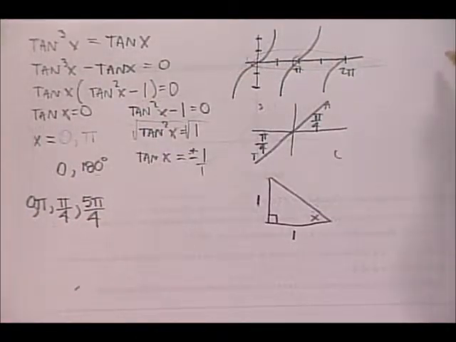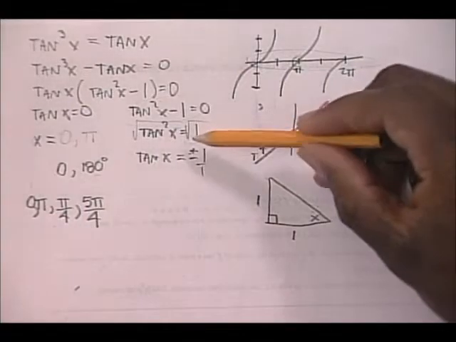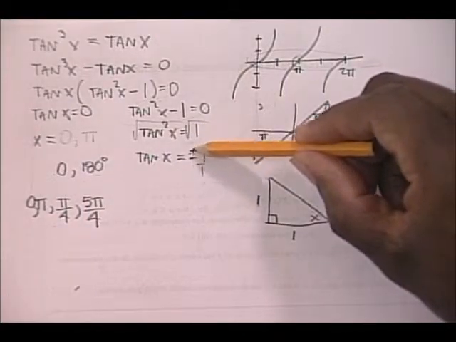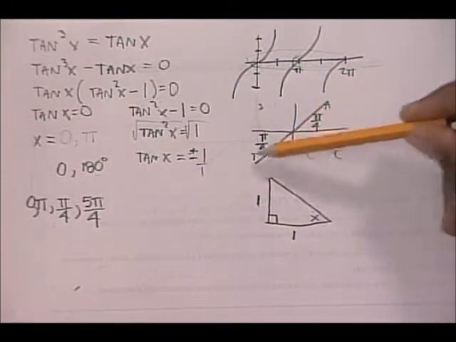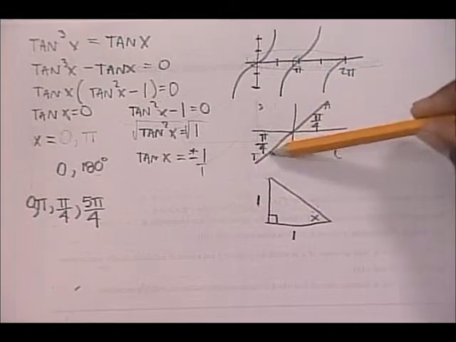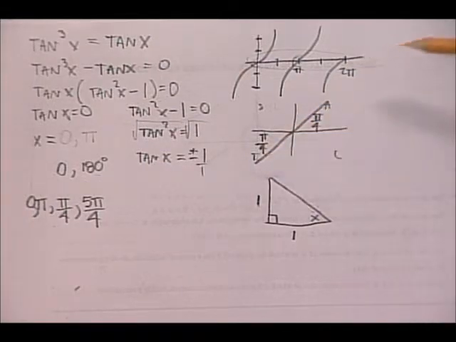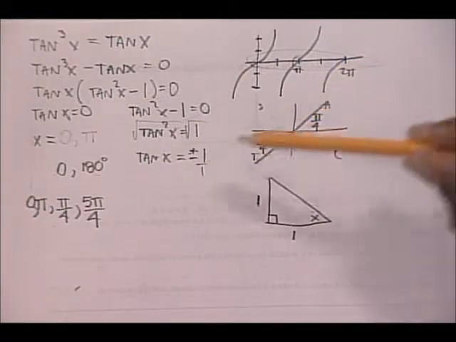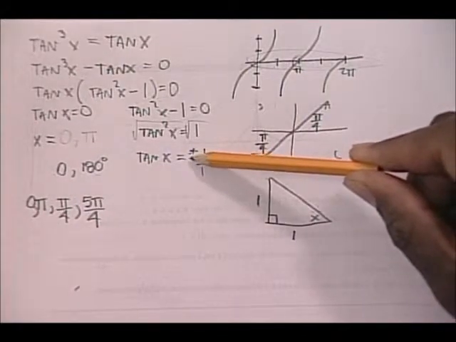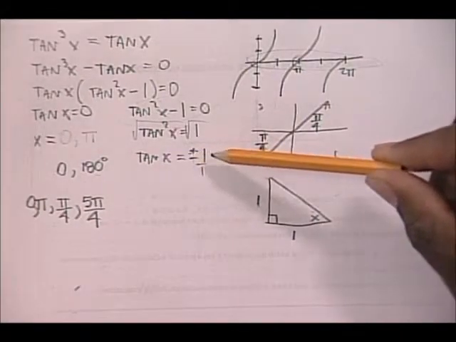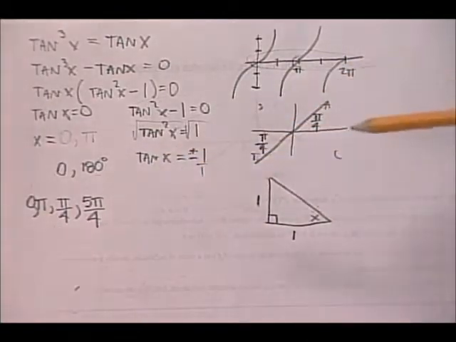It turns out that you're still not done. My students who would have forgotten that this is plus or minus 1 would have stopped there, because they would have established the answers where tangent is positive to be in the first and third quadrant. However, they should remember that tangent for this particular problem can be negative as well.